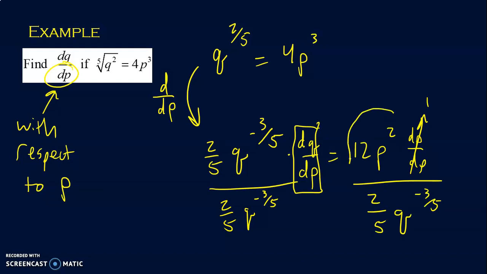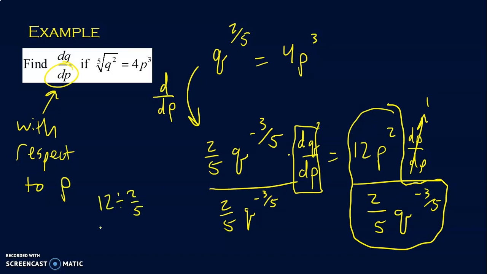Now technically, I can just leave my answer like this if I'm on the free response portion of the AP exam. But they would probably simplify it, and this would probably be on the multiple choice portion, so let's practice that. 12 divided by 2/5 is the same as 12 times 5/2. Cancel these out, so that would be 30. So 12 divided by 2/5 is really 30.